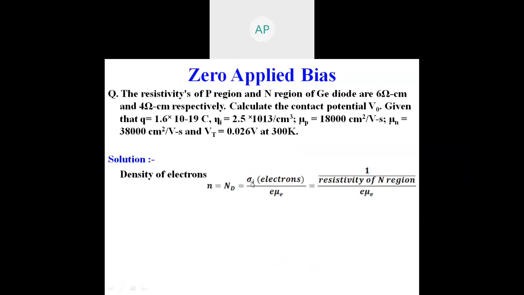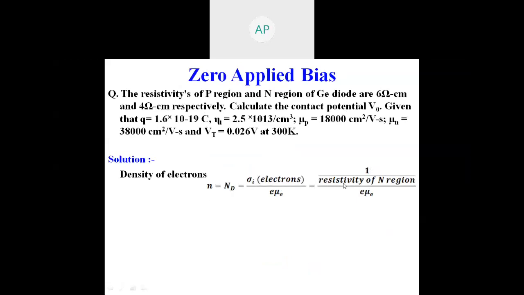The resistivity is given: on the P side we have the holes, and on the N side we have the electrons, which is 4 ohm centimeter.